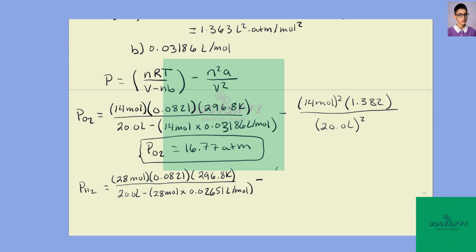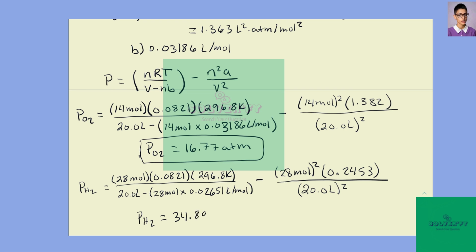And then we're going to minus 28 mole. Again, make sure we square that mole so that way it'll cancel out. We're going to times this by our A value, which is 0.2453. And we're going to divide that by our 20 liters. Again, make sure you square the liters so that way they cancel out correctly. So when we calculate this out, our pressure for H2 is going to be 34.89 atmospheres.